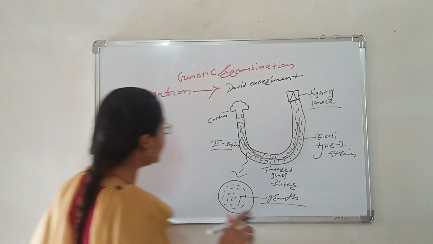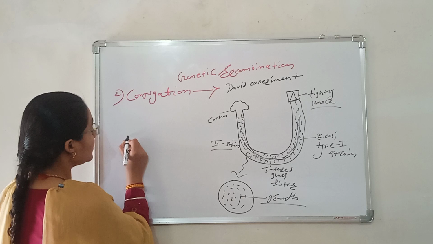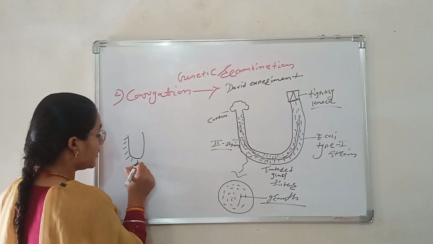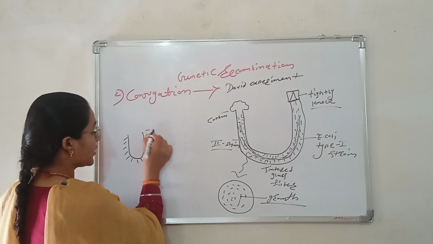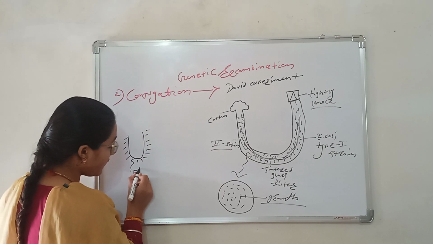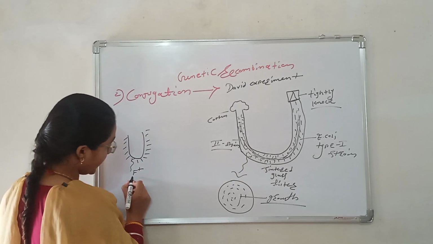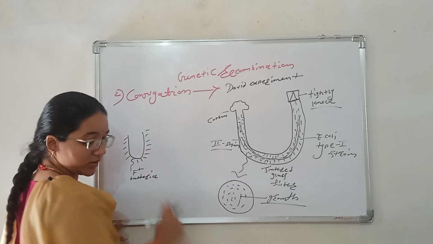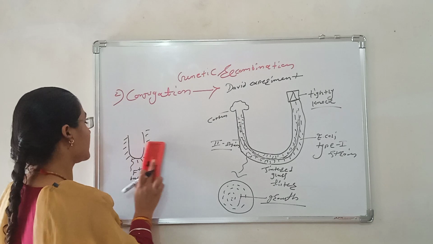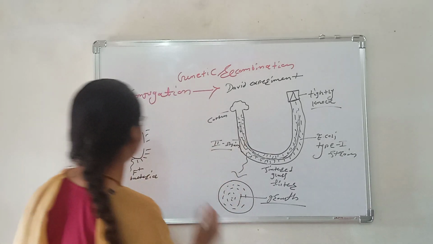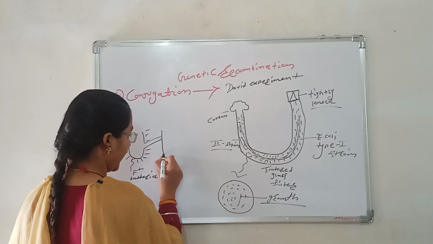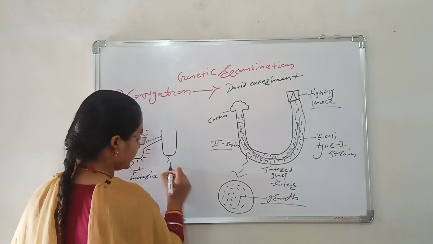Just like physical contact of the strain, for example, an F plus bacterium is in physical contact with an F minus.